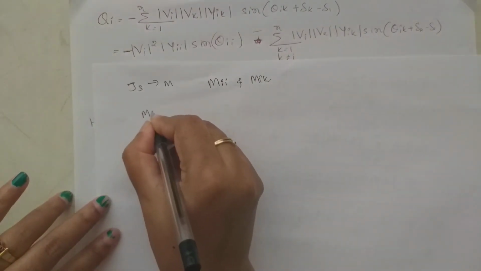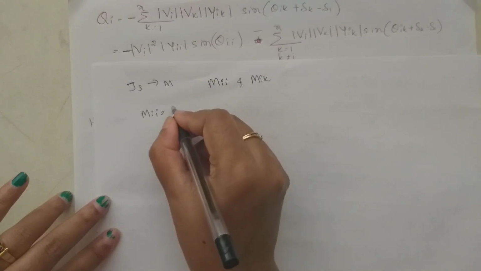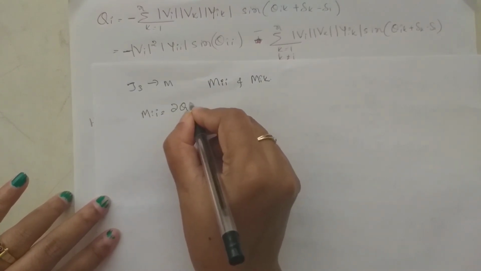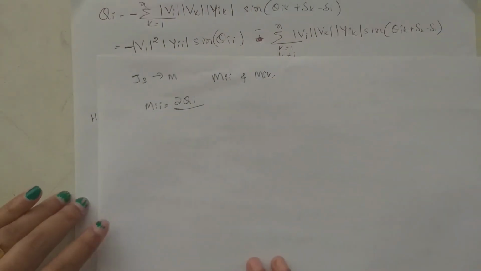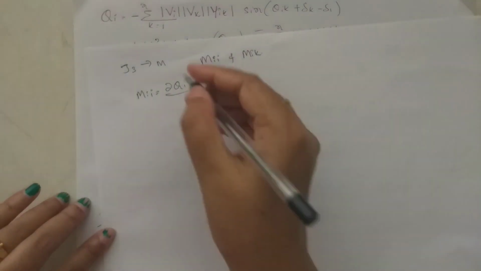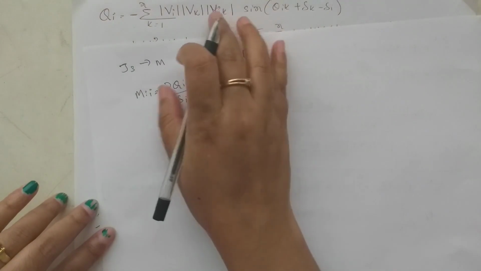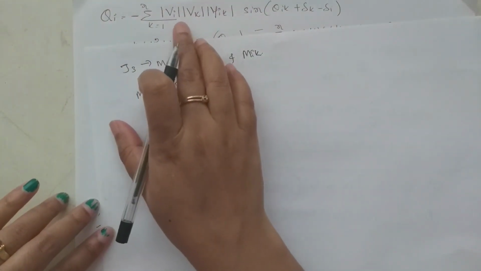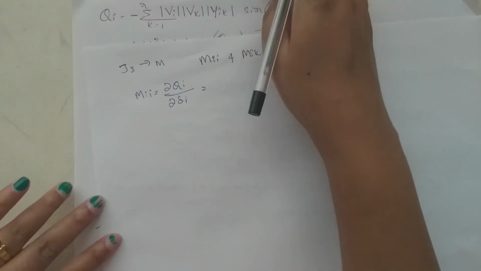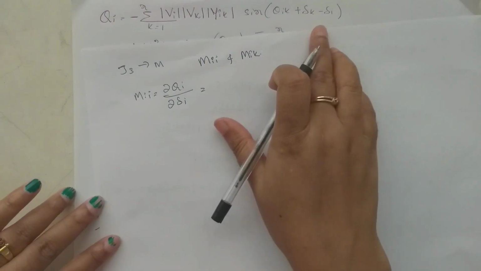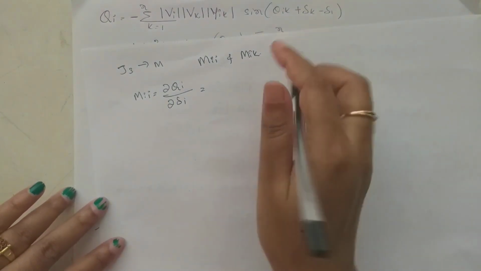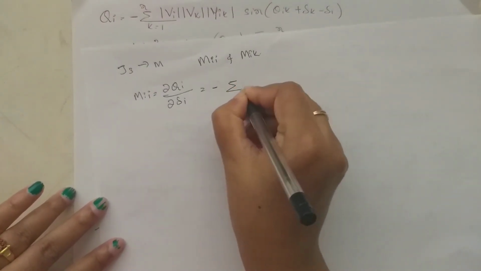Okay, Mii, which is partial differentiation of Qi with respect to delta i. Okay, so here it is Qi. When we take partial differentiation of Qi with respect to delta i, which is inside the sine function, so others are constants, write as it is.